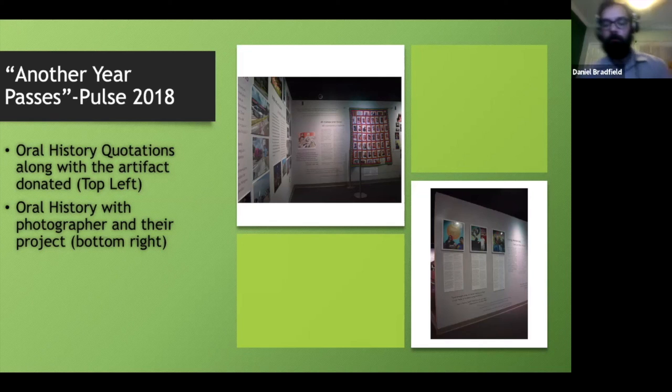The bottom right-hand picture is of photographs taken by a local photographer at UCF, accompanied by why she decided to do this. So the artifacts are really expounded upon by the oral history information that was collected by us.